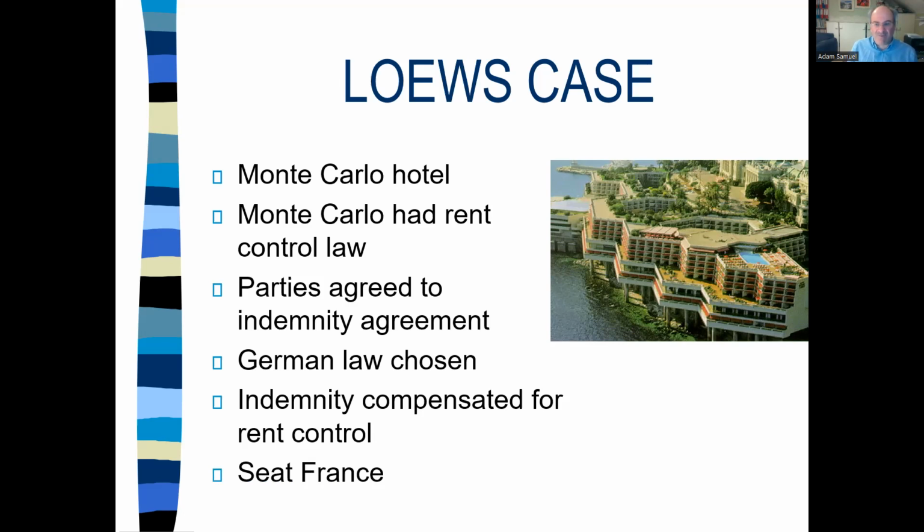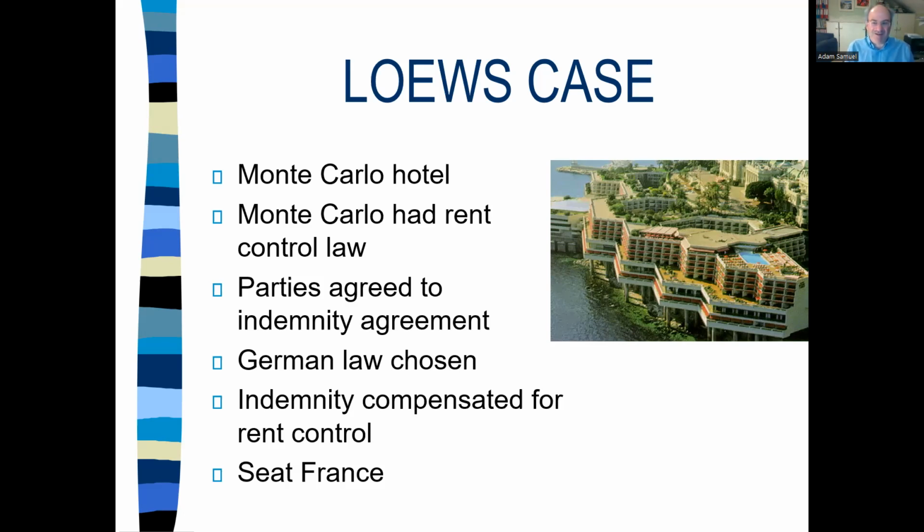The question then came up, what was the applicable law? Well, the answer was German. Okay, but what about the intentional evasion of Monte Carlo law? The tribunal sitting in France are thinking, well, hang on a second, this can't be a problem, because France has no interest in the enforcement of a rent control law between two very significant sized businesses over commercial property in Monte Carlo.